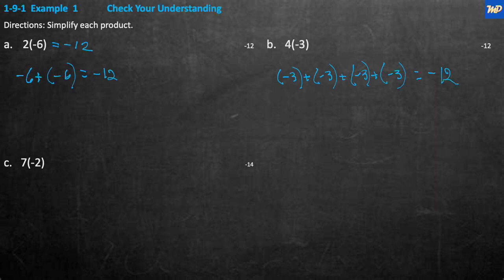And for the last one here, it's the quantity of negative 2 taken 7 times. Well, let's give this a whirl. Negative 2 plus the quantity of negative 2 plus the quantity of negative 2 plus the quantity of negative 2 plus the quantity of negative 2, and we have 1, 2, 3, 4, 5, plus the quantity of negative 2 plus the quantity of negative 2.